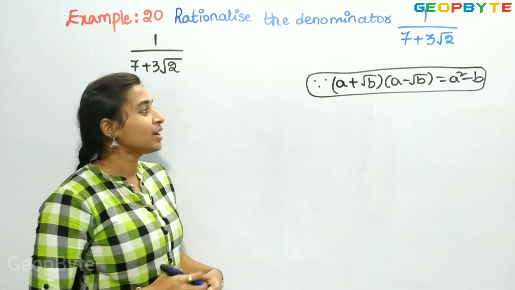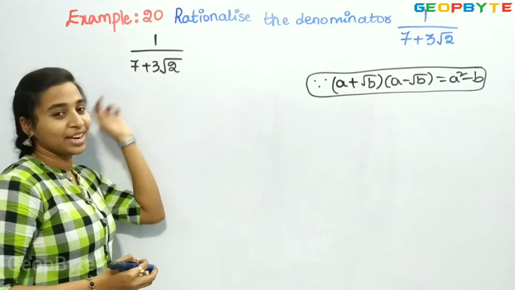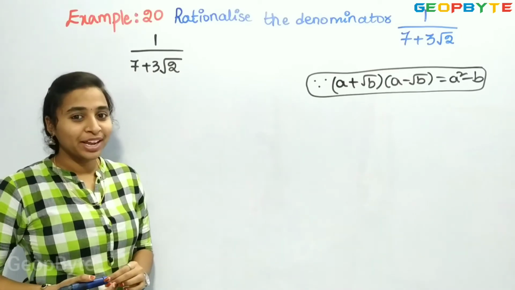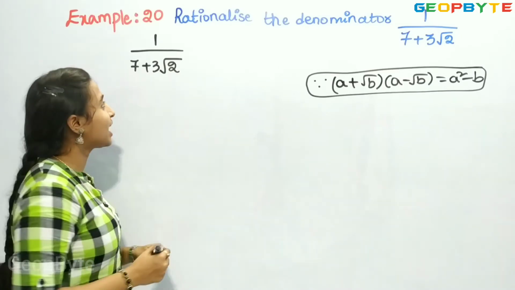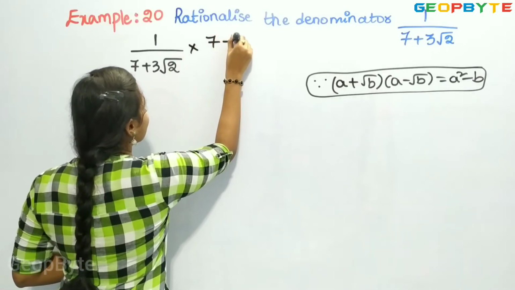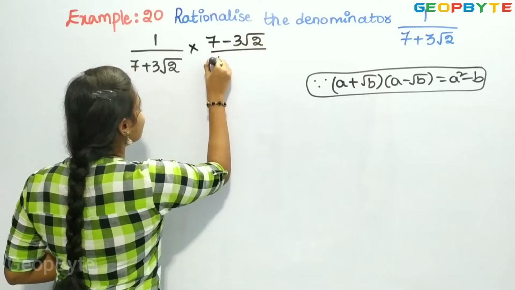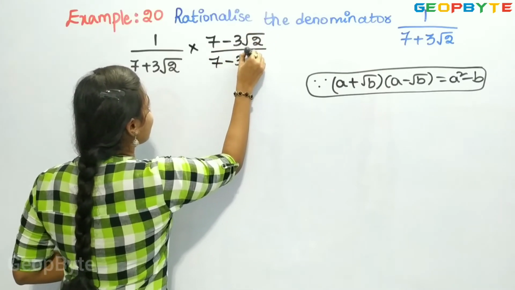So it is similar to this identity. We have the positive sign in between. So we need to multiply and divide with the negative sign in between, that is 7 minus 3 root 2 by 7 minus 3 root 2.